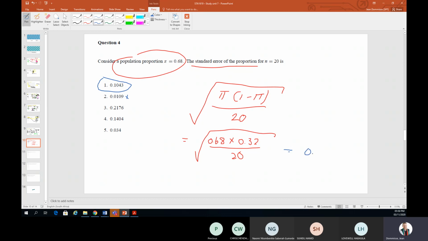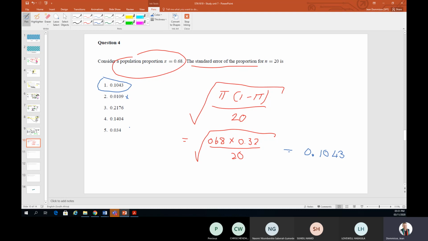So again, just to show you that if you didn't do the square root part, there was an option for you, which again, it's scary that it is there, but yeah.